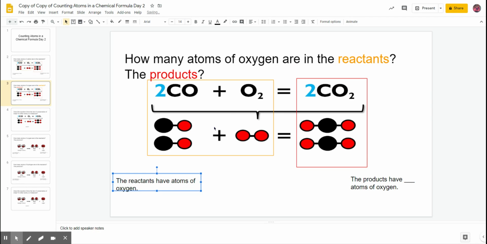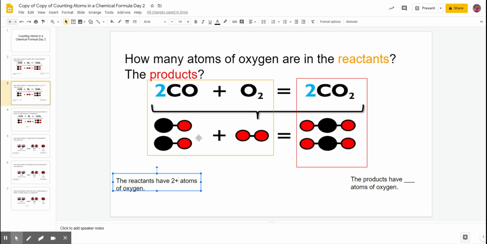There's 2 atoms of oxygen right here. I caught myself because I was looking at the picture, right? I was going to say, well, there's only 2 red circles, so there must only be 2 atoms of oxygen. But that's not right. There are 2 atoms of oxygen right here on this side, and we're going to have to add that 2 plus however many are over here to get total atoms of oxygen.